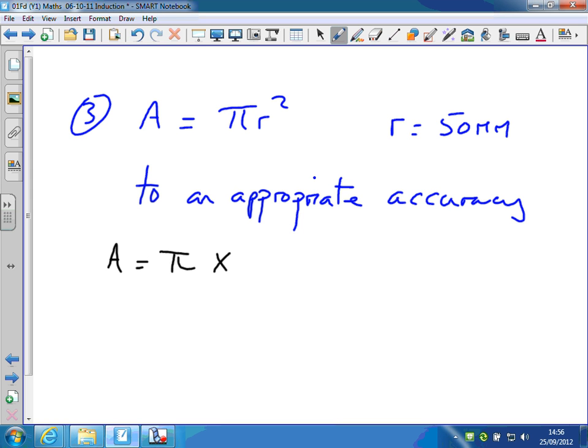The radius you're given is 50, squared. What's the button you hit for that? The x squared button. So pi times 50 squared: 50 squared is 2,500. You might get this as the answer, 2,500 pi, which is an exact answer.